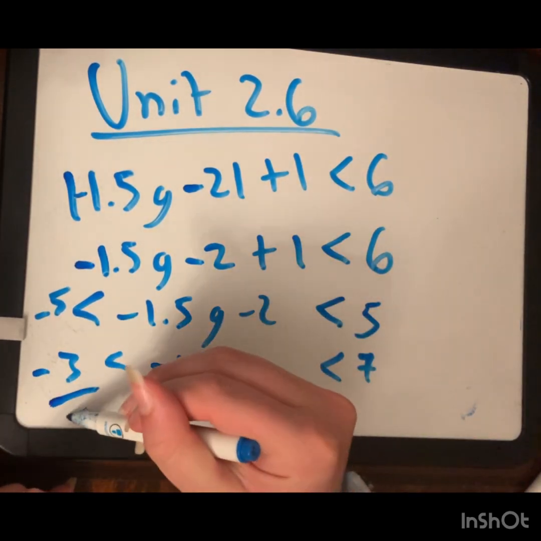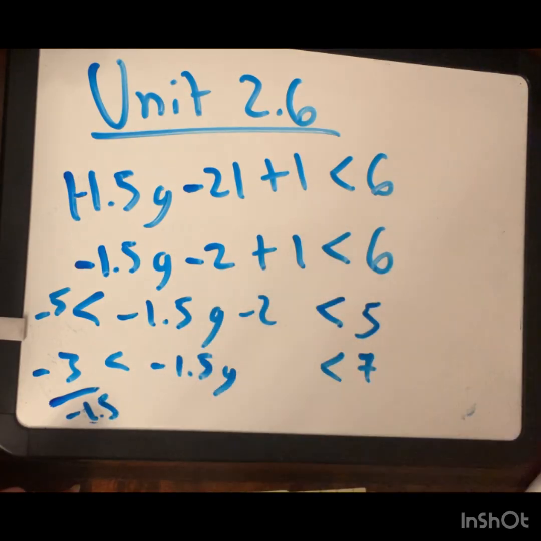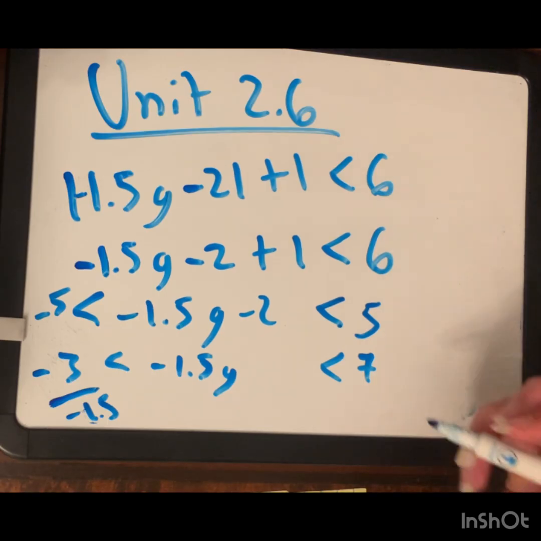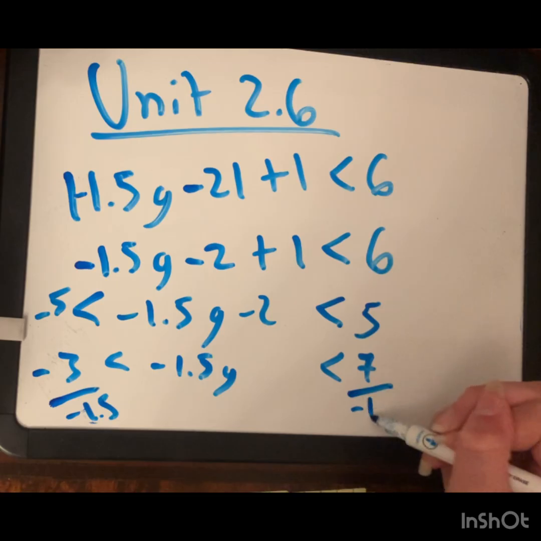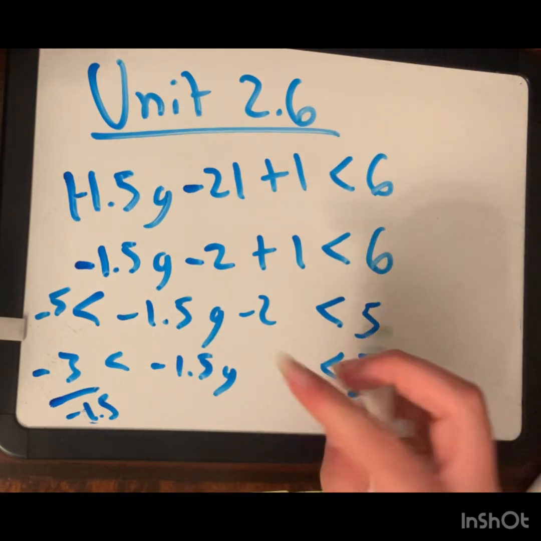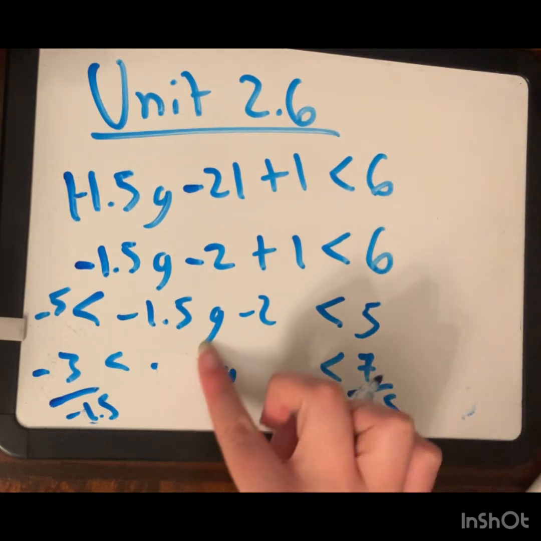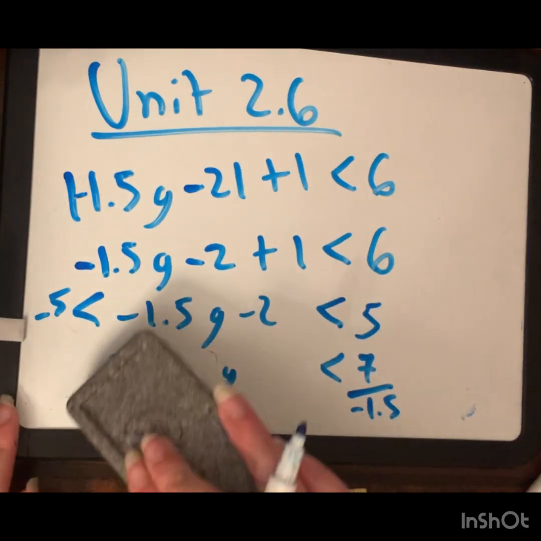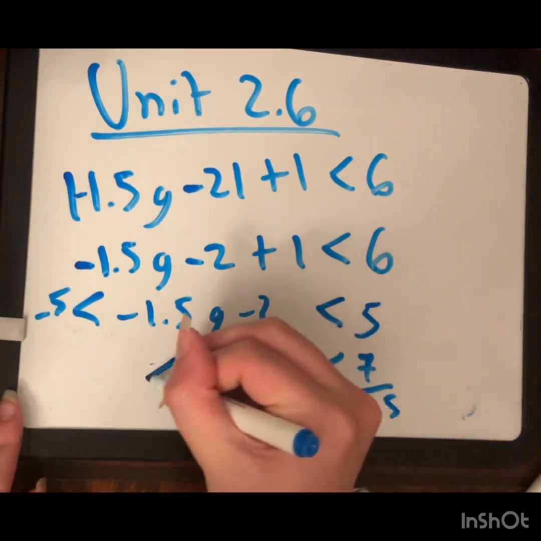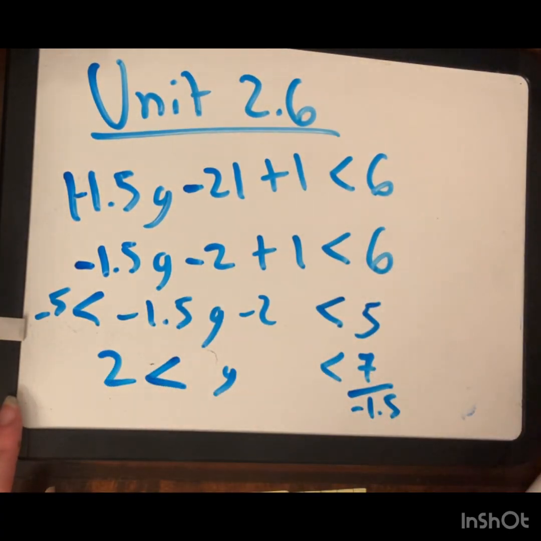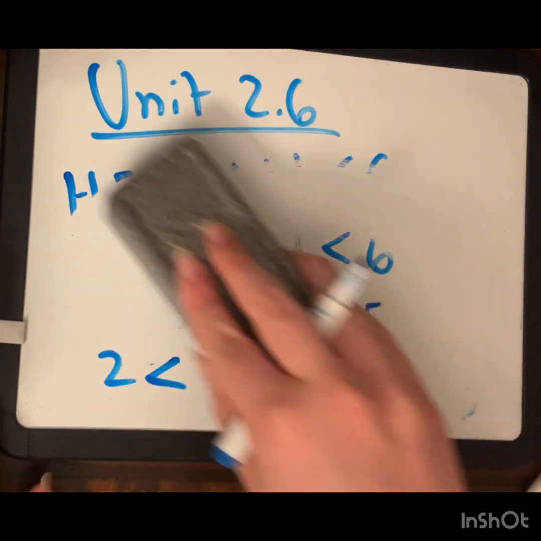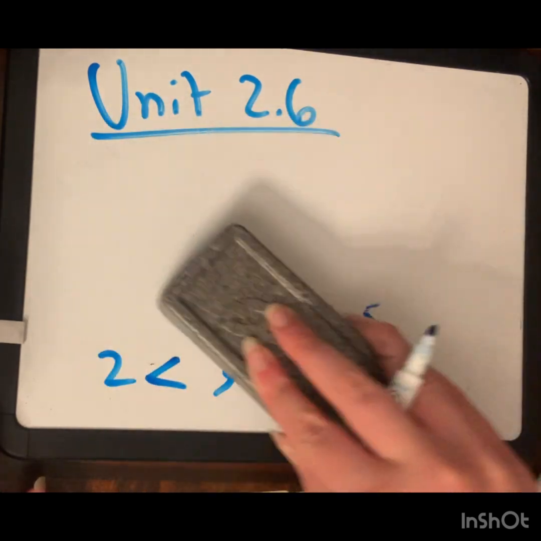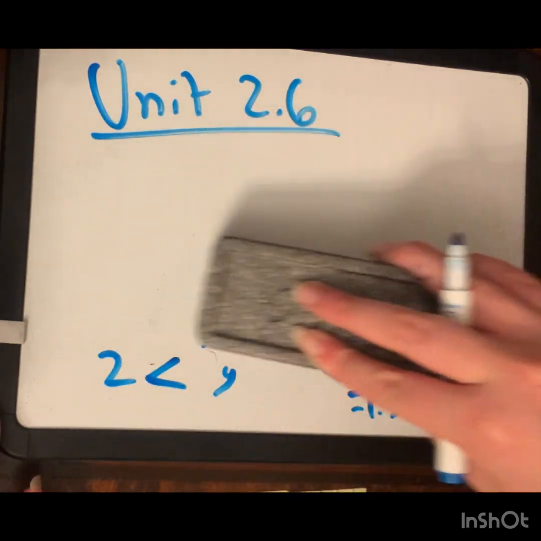It's going to give you negative 1.5 on this side, which would just give you 2, and here would be 7 over negative 1.5 as the final answer. So g equals, this would be the equation, g is 2, and then 7 over negative 1.5. Now 7 over negative 1.5 would give you negative 4.6.